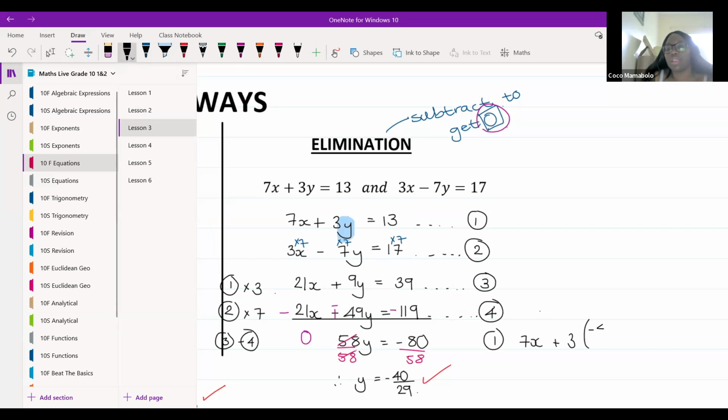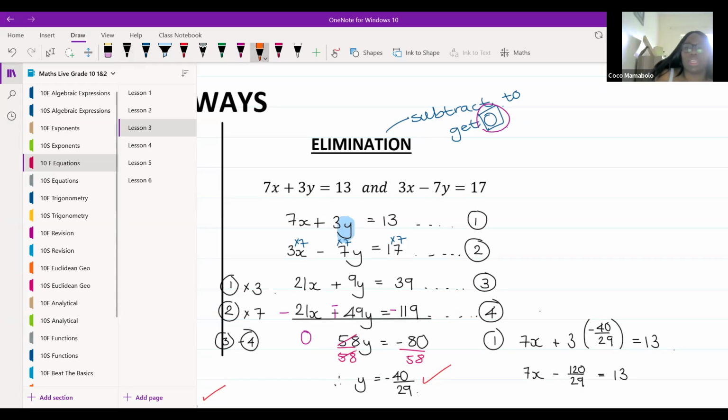So 3 times negative 40 over 29 is equal to 13. All right, somebody punch that into a calculator for me. 7x minus 120 over 29 is equal to 13.